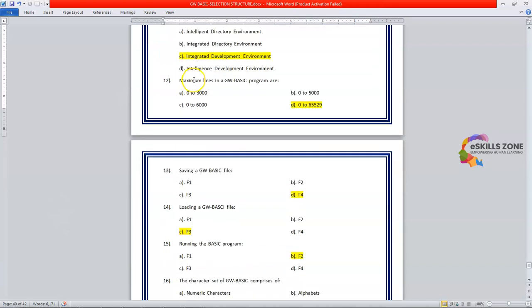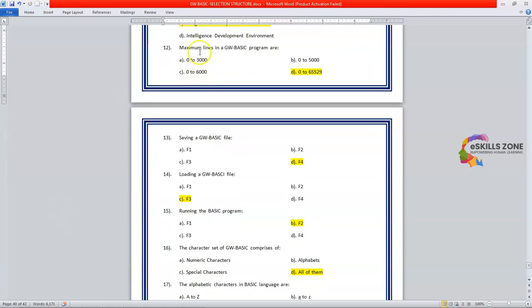Number 12 is maximum lines in a GW basic program are. Option A is 0 to 3000. Option B is 0 to 5000.